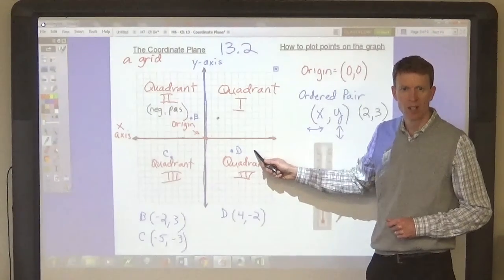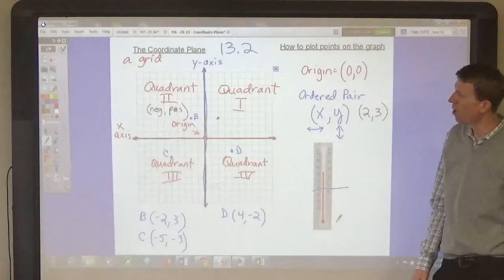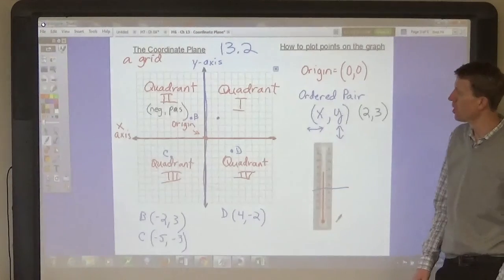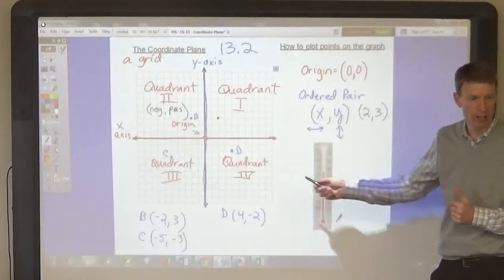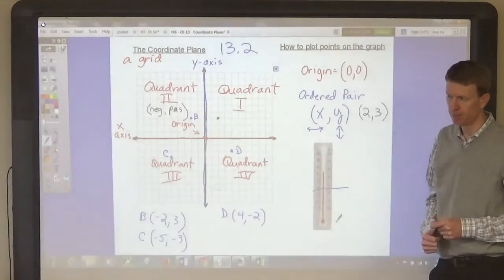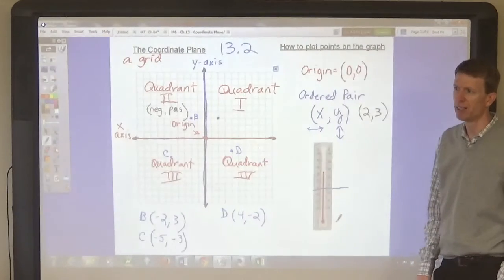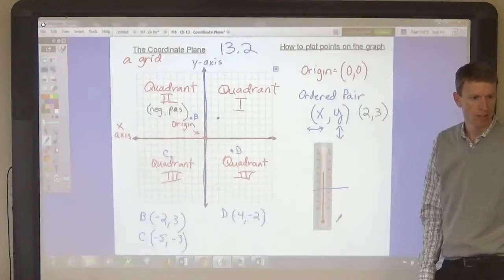So it's a real world example of how the coordinate plane is used. How to graph numbers and how two numbers go together to give you a point on the graph. Time and temperature are an example of two numbers that you could graph. Okay?